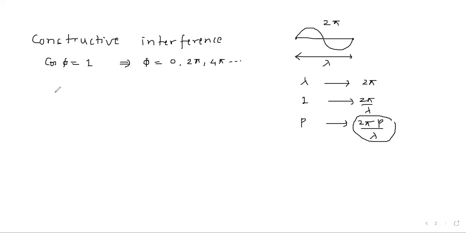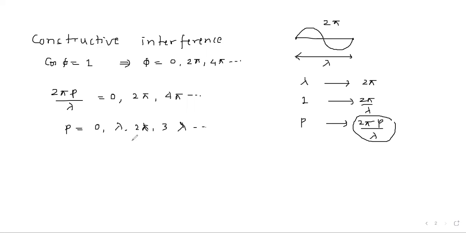So we can say 2 pi p by lambda must be equal to 0, 2 pi, 4 pi, etc. From where we get p equals 0, lambda, 2 lambda, 3 lambda, etc. So we can say that for constructive interference, the value of p must be either 0 or lambda or 2 lambda or 3 lambda, etc.